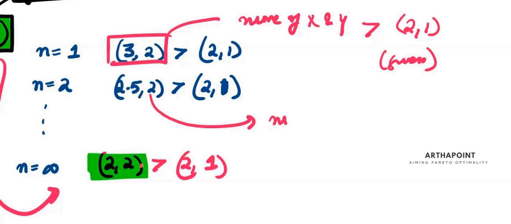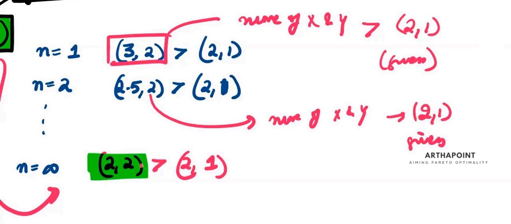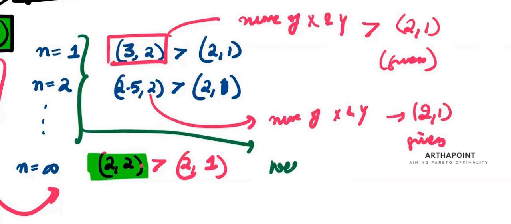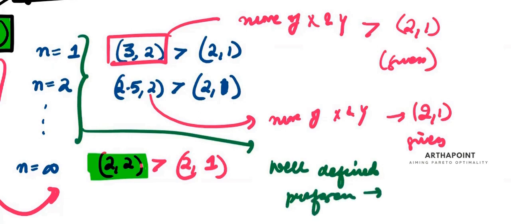This bundle also had more of X and Y, so because it had more, it was preferred over (2, 1). From the pattern that is given to us, we understand that our preferences are well-defined. We understand that they are monotonic preferences, that more is preferred.